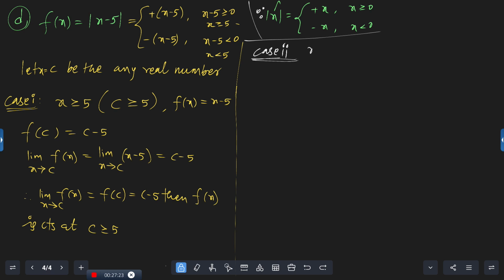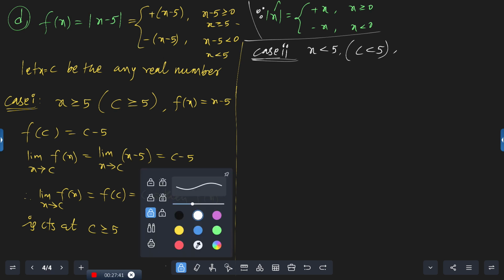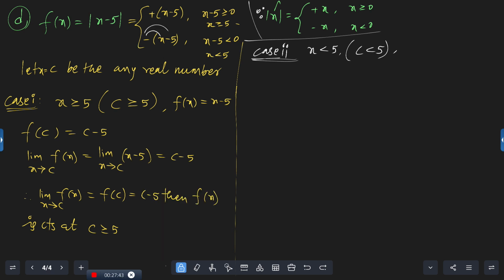Case number 2, what do we have? x less than 5, which means c less than 5. When c is less than 5, how many functions do we have? Very good, only one function. Here also you can replace that. Take the negative and multiply inside. This minus you multiply inside.